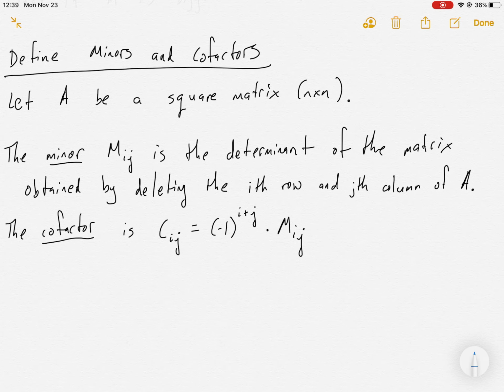So first we're going to define these. Now I'm going to give you an example, and then we'll get into the actual definition for determinant.